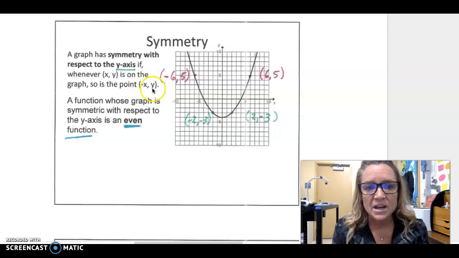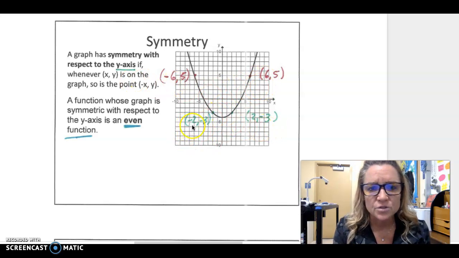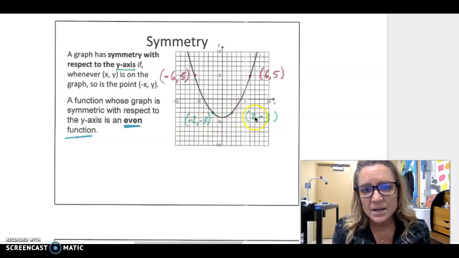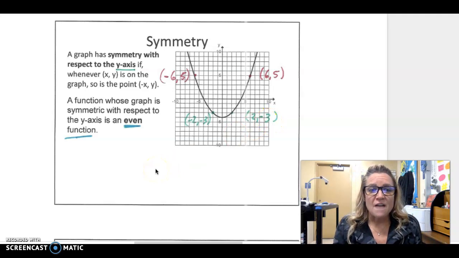That's why it says negative x, positive y. So the y stays the same, the x is the opposite. Or you could go from left to right. I went from right to left. So on this one it's negative 2, negative 3, and the point over on this side is positive 2, negative 3. So a function whose graph is symmetric with respect to the y-axis is going to be called an even function. Okay?